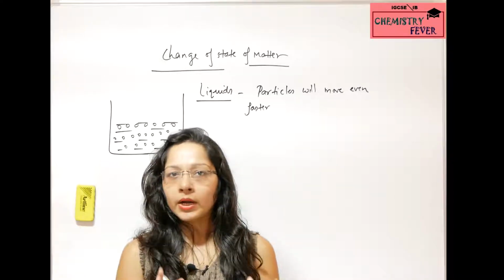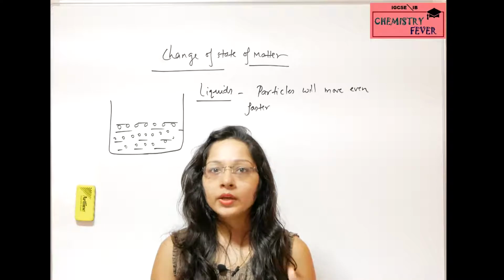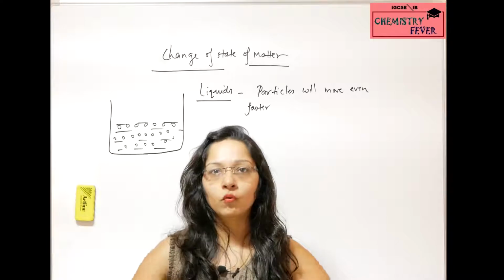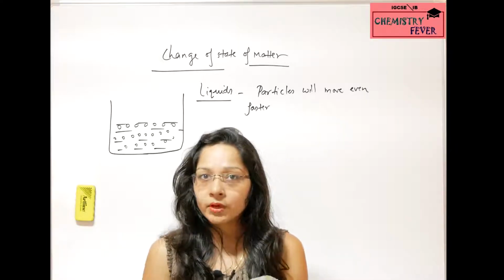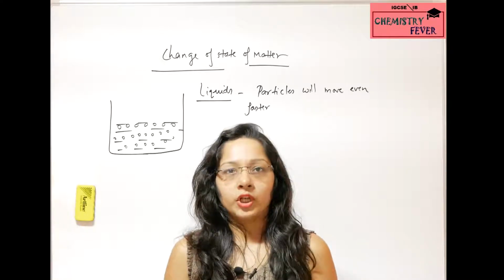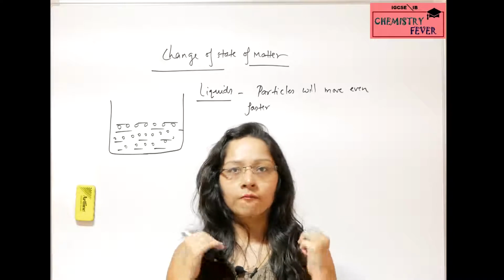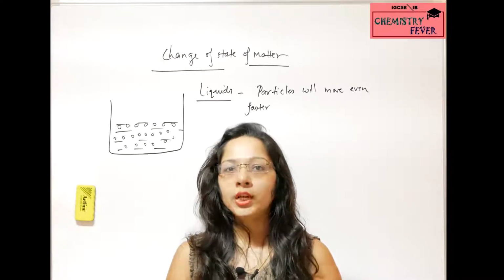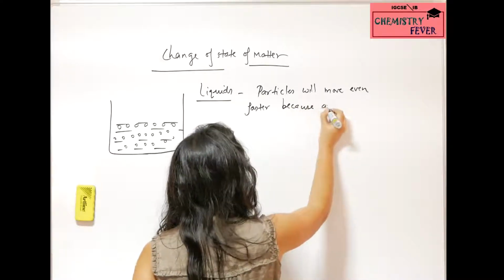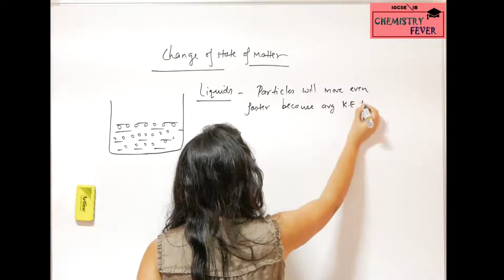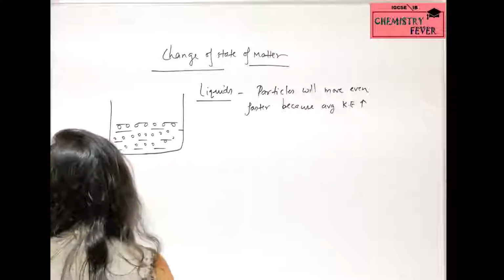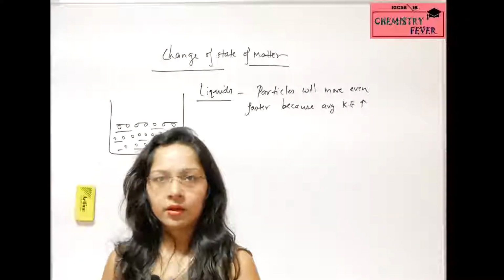Every particle is moving with a different velocity. We cannot say that one particle is moving slowly, maybe another is moving faster. But we calculate average energy, total energy divided by the number of molecules. So average kinetic energy increases. So particles will move even faster because average kinetic energy increases, right?